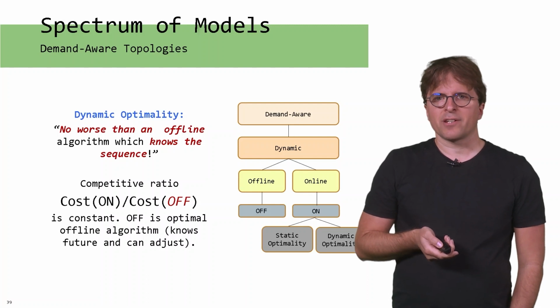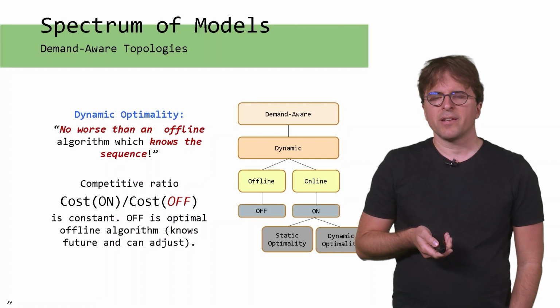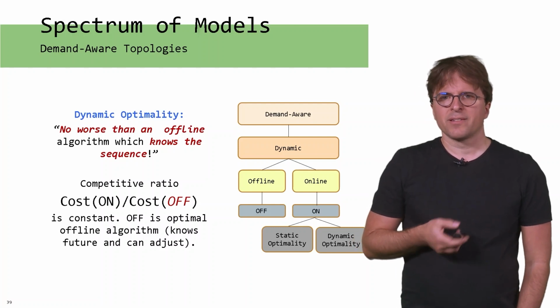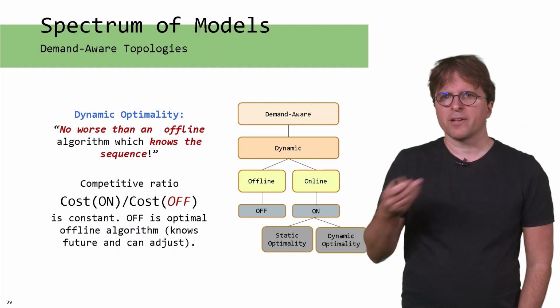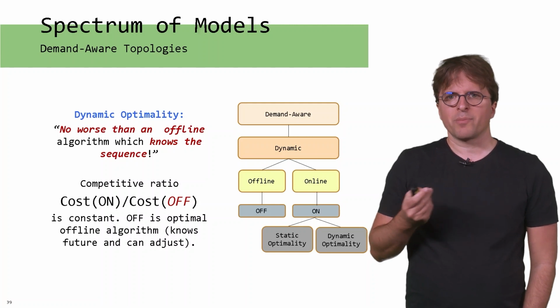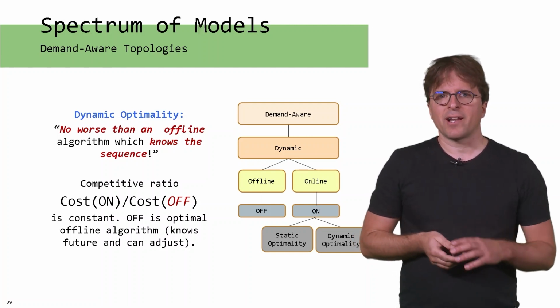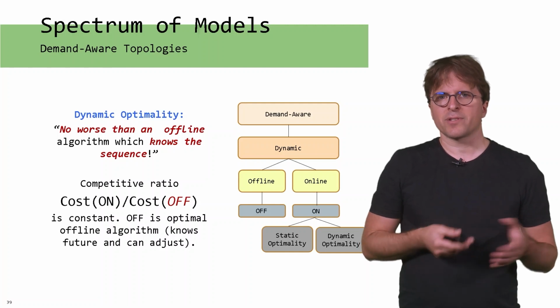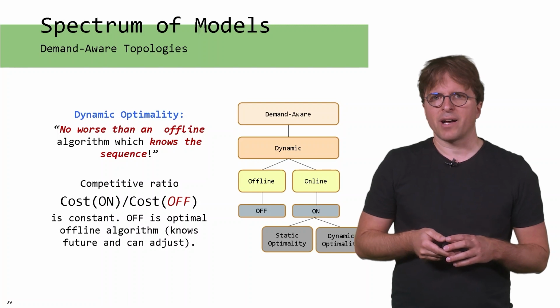And we say the algorithm is dynamically optimal if the competitive ratio is at most a constant. So we are at most a constant worse than the optimal offline, which of course is a very strong property. If we can achieve that, it means that we don't pay a price for not knowing the future. So basically the online algorithm, even though it doesn't know the future, is almost as good as the optimal offline algorithm that knows the complete demand ahead of time.